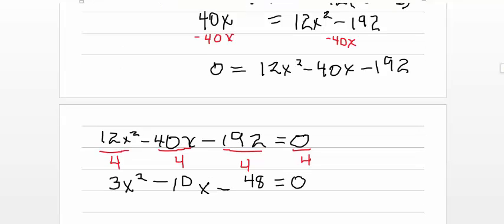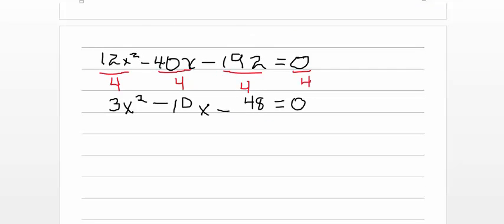So 3x squared minus 10x minus 48 equals 0 has the same solutions as 12x squared minus 40x minus 192 equals 0.